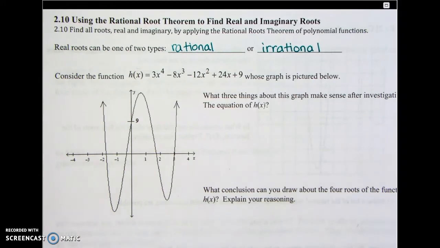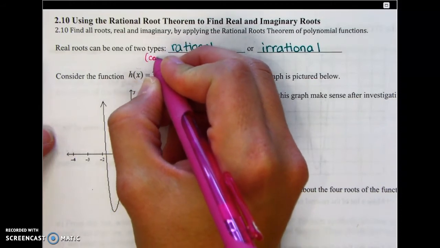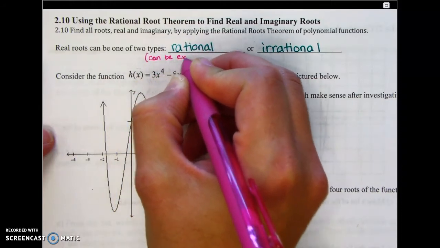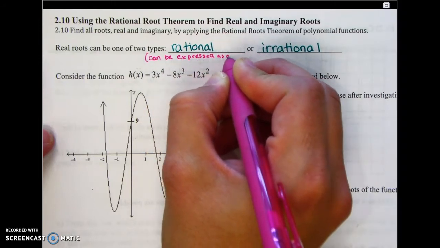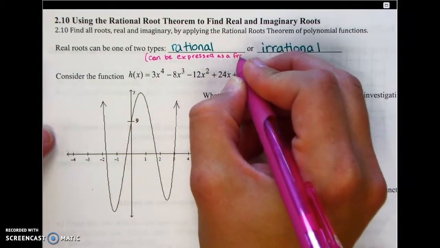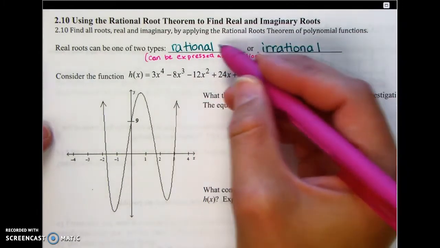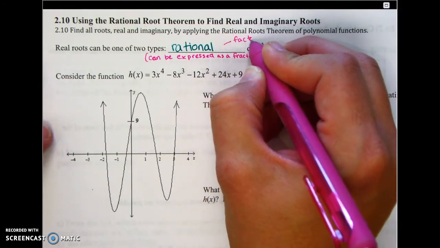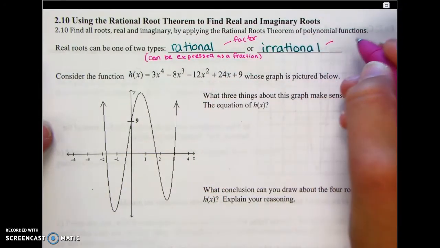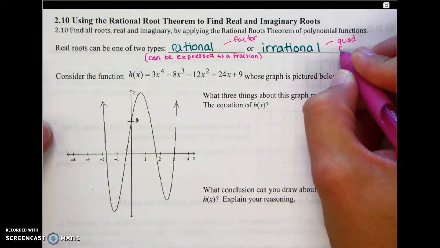And if you've forgotten, rational means can be expressed as a fraction. Okay, what is good for you guys is that we get rational roots from factoring or synthetic division, and we're going to get irrational roots from the quadratic formula, okay?